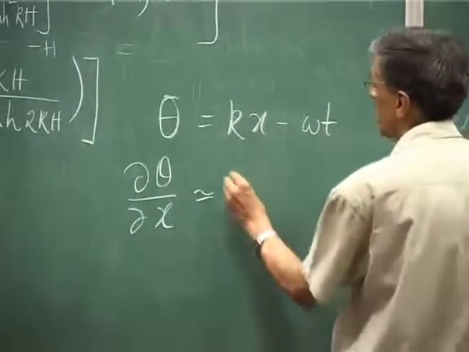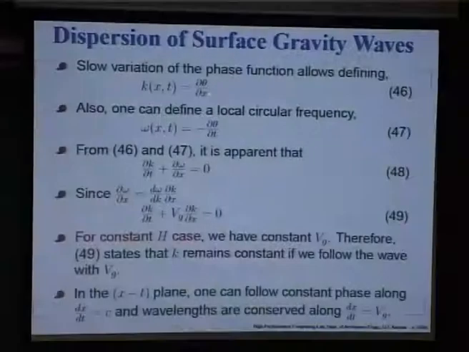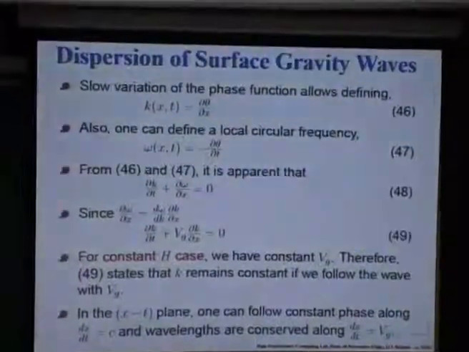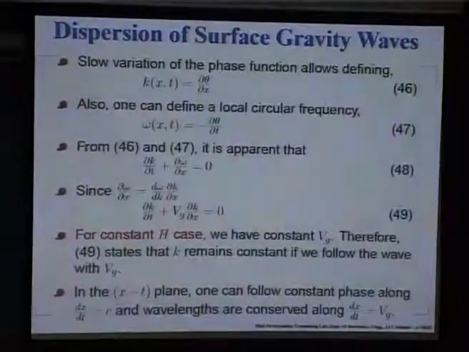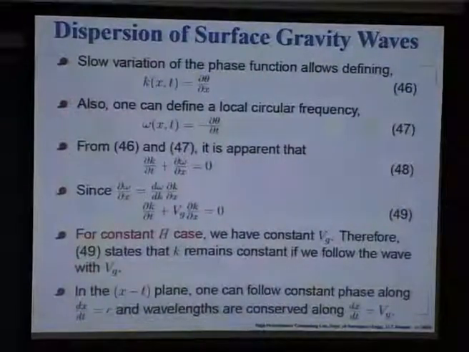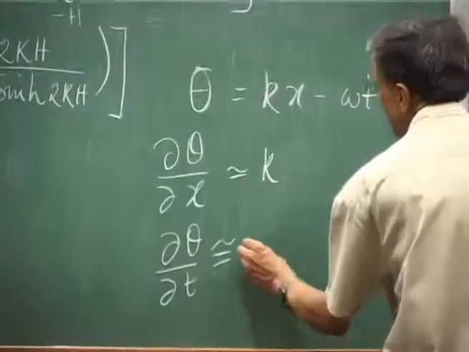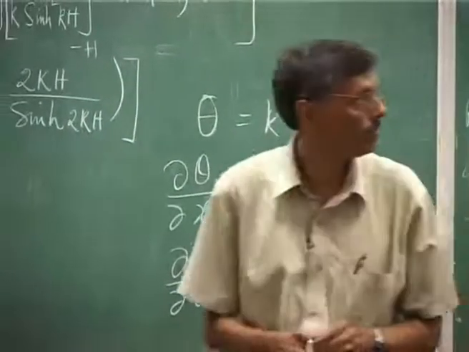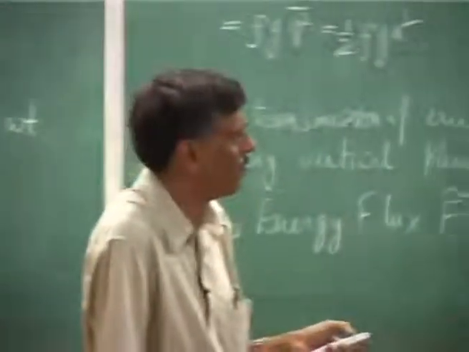I would just write it as k, right. That is what we have here, that k of x comma t would be obtained by looking at the variation of phase function with x, and the same way I could differentiate this with respect to time, and that will approximately give me minus omega. This is all happening because we are talking about slow variation, okay.